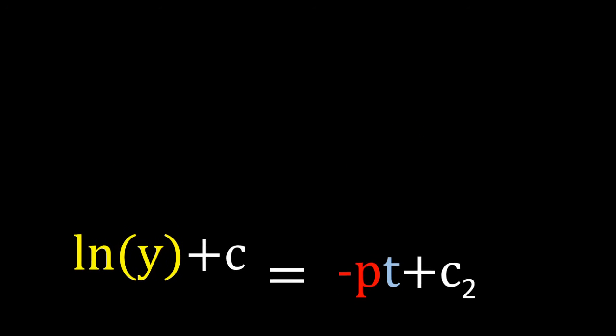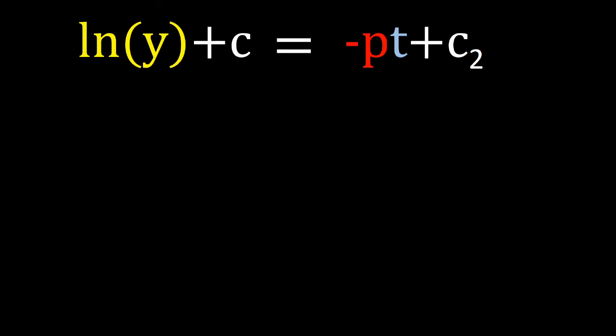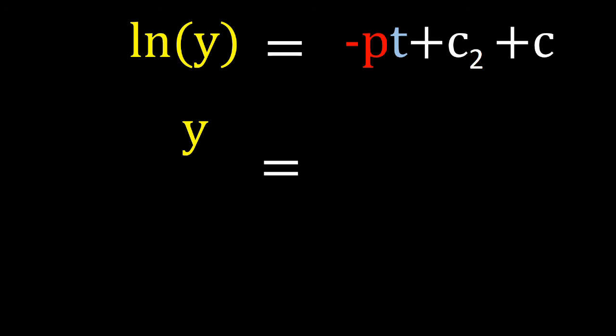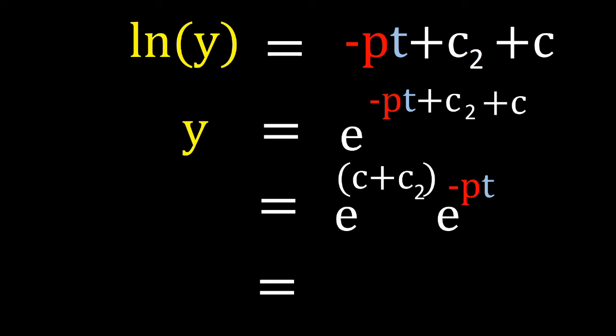Let's move the constants to the side with the negative pt, then exponentiate to get y by itself. That results in y is equal to e to the c plus c sub 2 multiplied by e to the negative pt. We could just write that e to the c plus c sub 2 as some constant, let's call it a. Ultimately, we get y is equal to a times e to the negative pt. That's the solution to our equation.